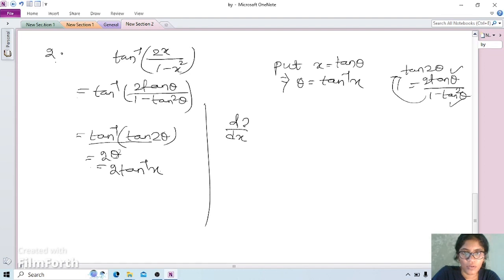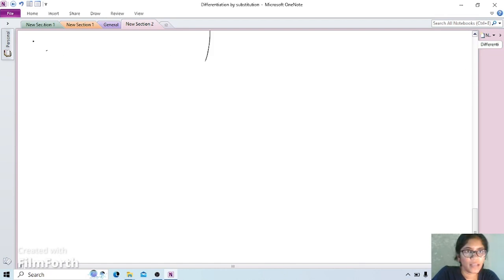The derivative of 2 tan inverse x is equal to taking 2 as a constant, and the derivative of tan inverse x is 1 by 1 plus x square, that is 1 plus t square divided by the square root of (1 plus t square over 1 minus t square) squared minus 1.